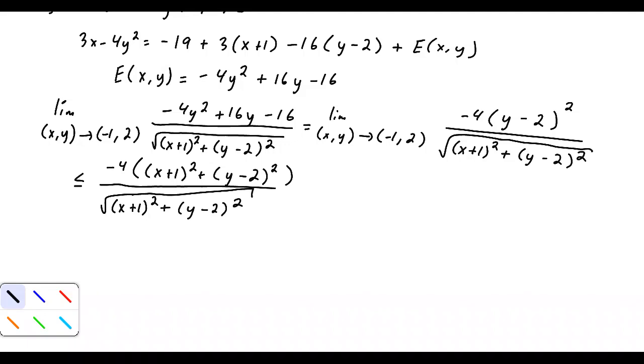And we can reduce this. Oh, I left off something important. I said this is less than or equal to that. It's less than or equal to the limit as (x,y) approaches the point (-1, 2).